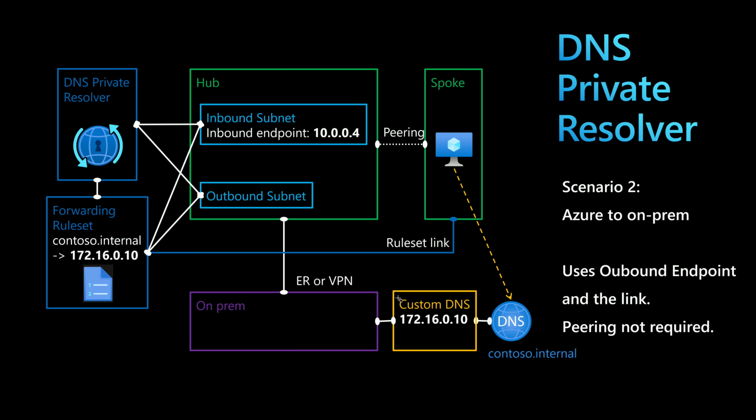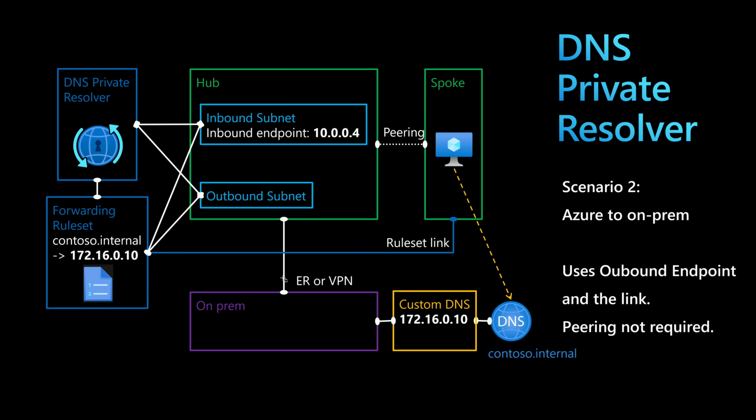On-prem, you have your own custom DNS server exposed over the IP address 172.16.0.10. So to resolve the domain name contoso.internal, you will configure the DNS private resolver forwarding rule set to say that if you want to resolve contoso.internal, then you need to forward the DNS traffic to the IP address of the custom DNS.